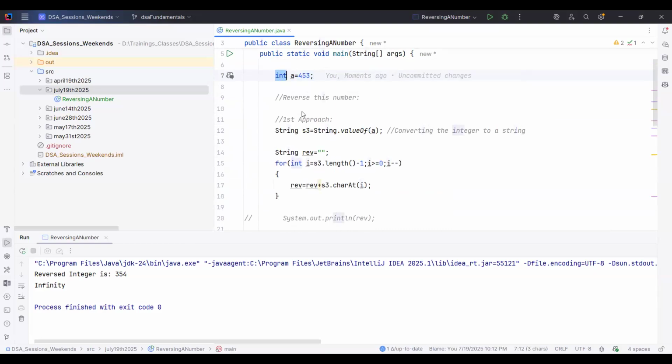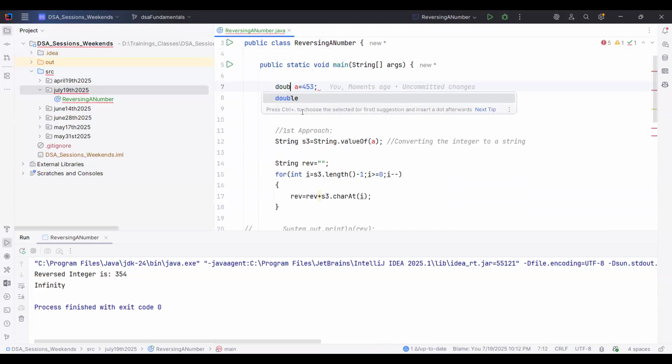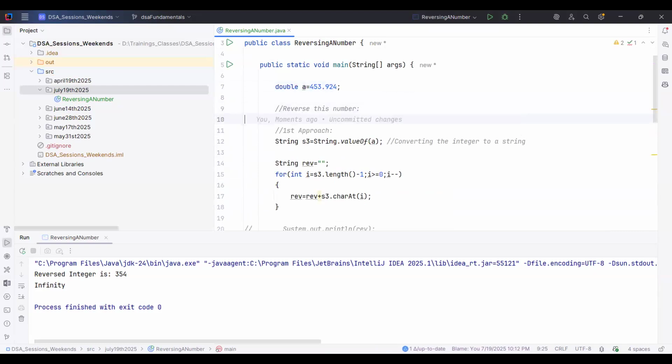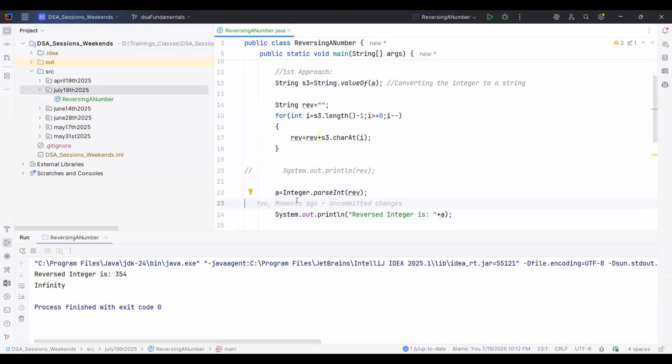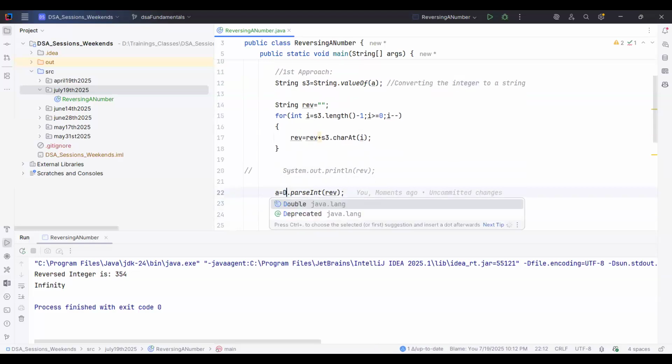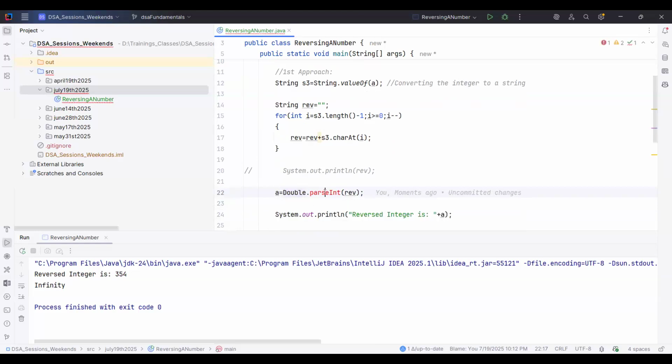Now, if I say double, let's try this approach. Let's see how well it works for us. Parse double.